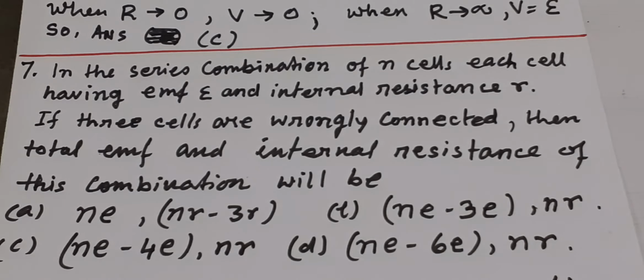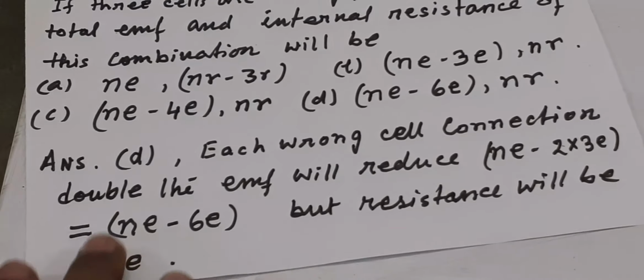So 3 batteries will neutralize another 3 batteries which are rightly connected. That means 6 batteries' EMF will be reduced from the actual supply. Total supply is nE minus 6E, which will be the net available EMF of the circuit. And internal resistance, whether it is rightly connected or wrong, it doesn't matter, it will be n times r. So here D is the correct choice.